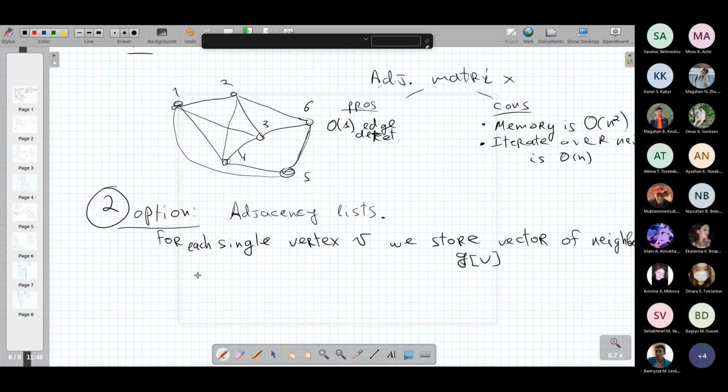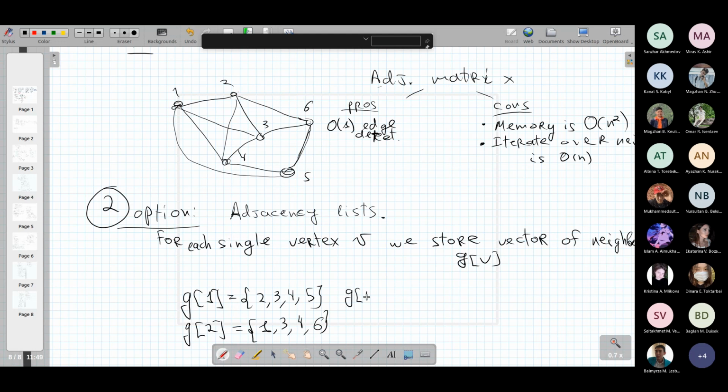For example, G of 1 is equal to 2, 3, 4, 5. G of 2 is equal to 1, 3, 4, 6.